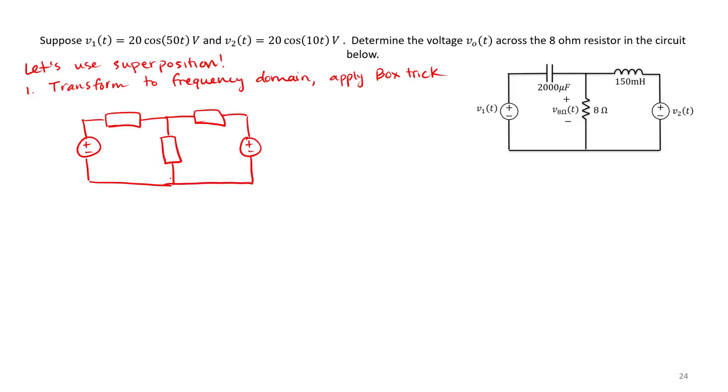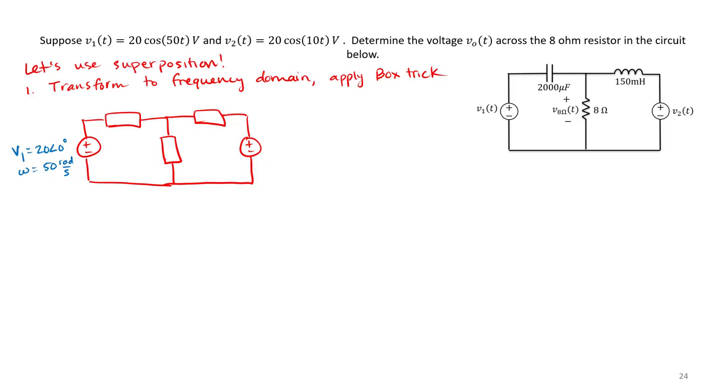And remember, in our earlier example, we saw that our impedance depends on our frequency. So our voltage source V1 is equal to 20 angle 0 degrees at our frequency omega of 50 radians per second.